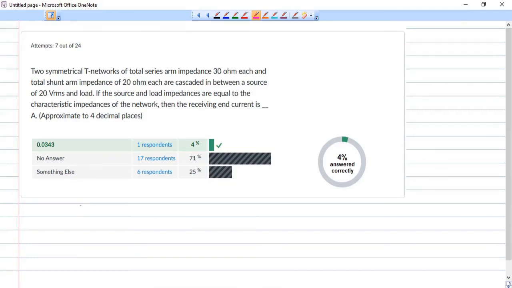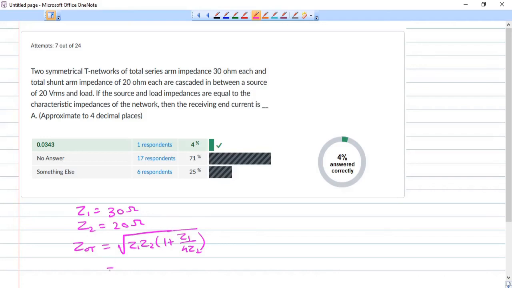So we have Z1 equal to 30 ohm and Z2 equal to 20 ohm. So we can evaluate Z0 is equal to root of Z1 Z2 into 1 plus Z1 by 4 Z2. That is 30 into 20 into 1 plus 30 divided by 4 into 20.